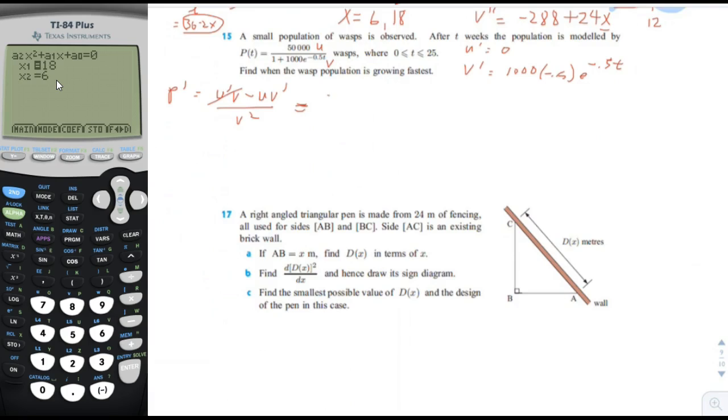And then we'll have minus u, which is 50,000, times v dash, which is 1,000 times negative 0.5. Negative 0.5 times 1,000 would be negative 500, right? So we'll just go ahead and write that. And then e to the minus 0.5t. And then in the denominator, we're going to have v squared, which is going to be a big mess.